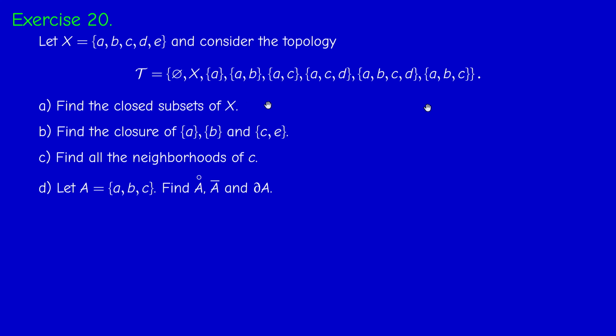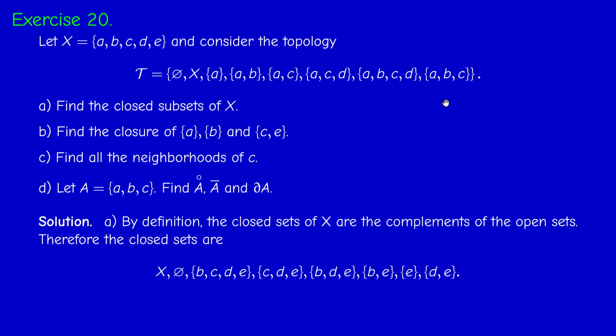Once we have the notion of a topology, or the notion of an open set, all the other concepts that we studied can be defined. A set is closed if its complement is open. So let us find the closed subsets of X. I take the open sets and their complements.